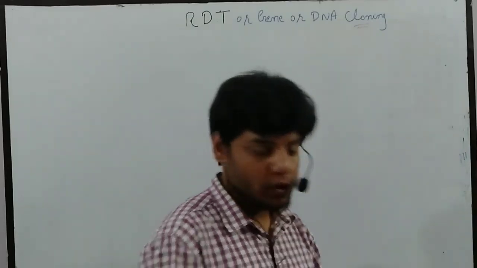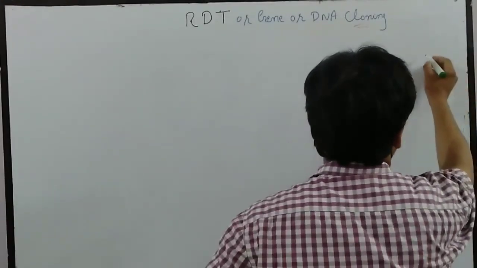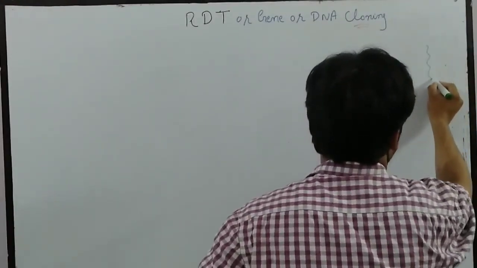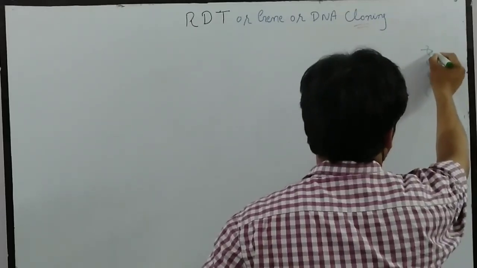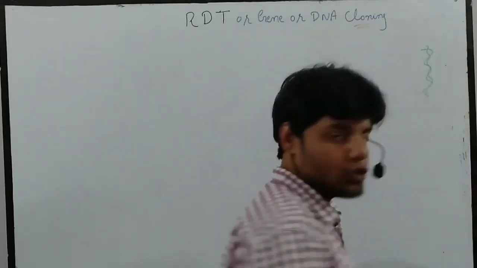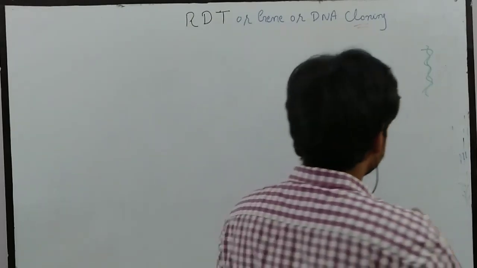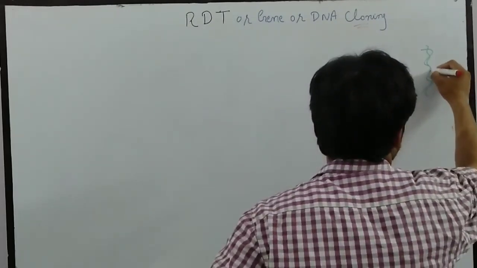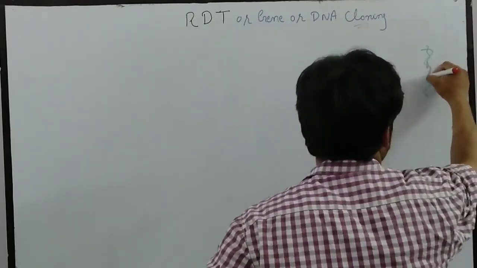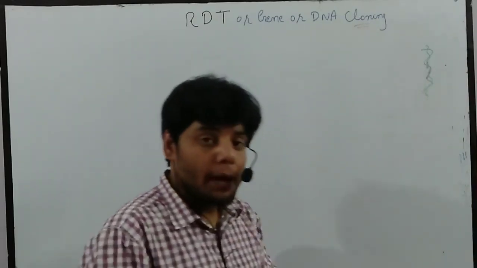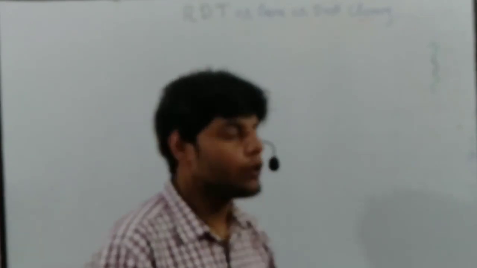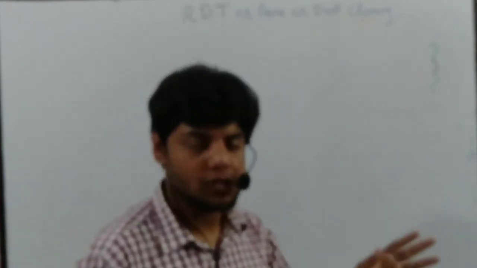Let's suppose this is the DNA, the human genome. At a specific position we have the genes. Let's say this red one represents the genes. First of all, let me tell you the difference between genes and DNA.